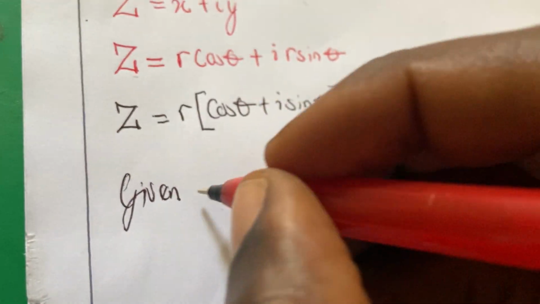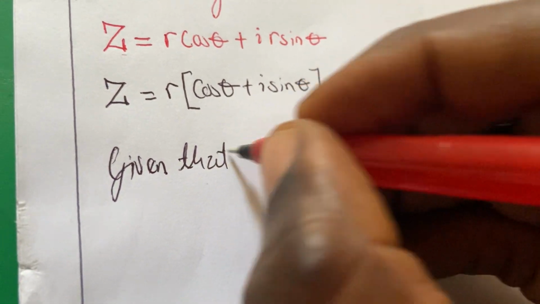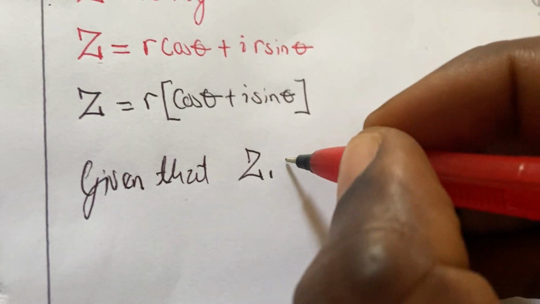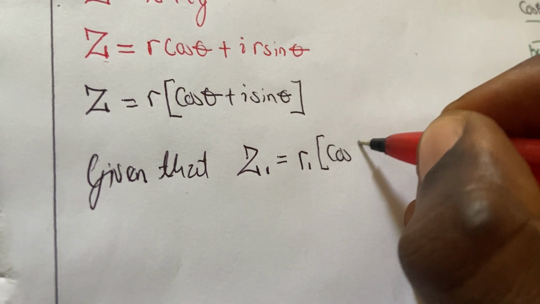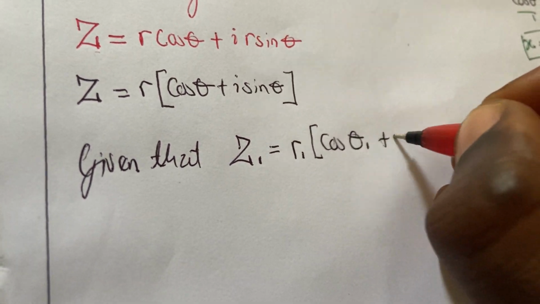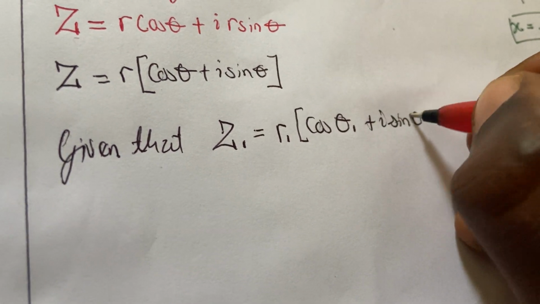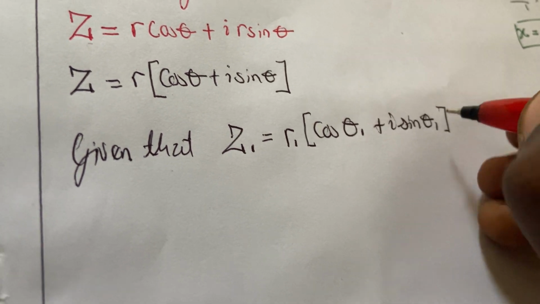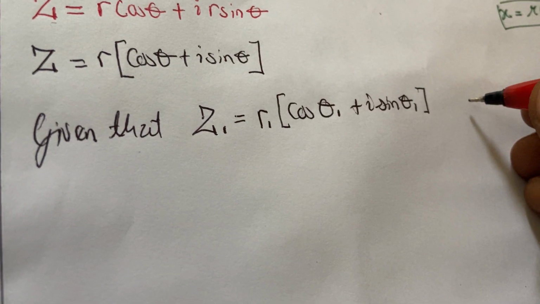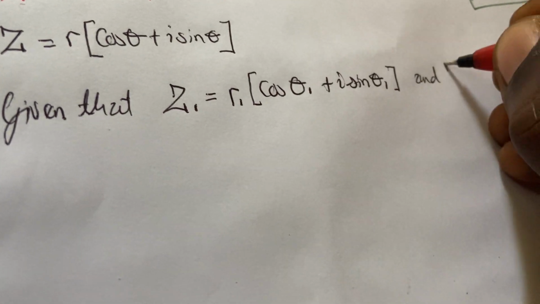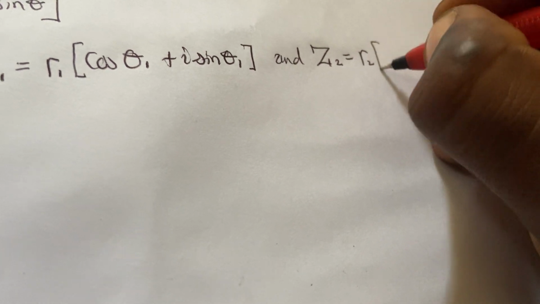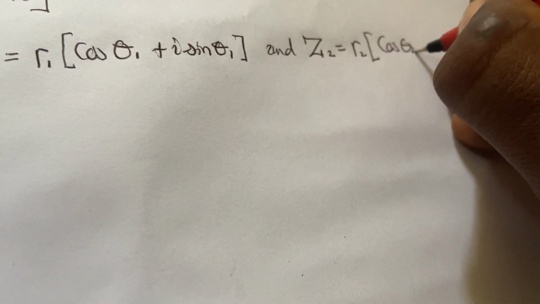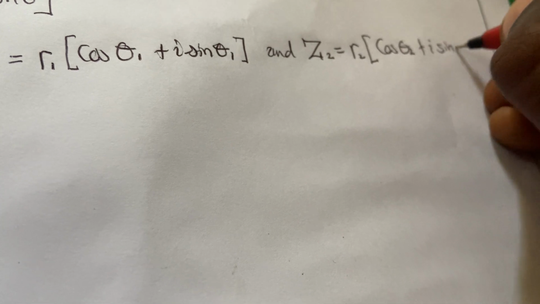Given that z1 equals r1 (cos theta 1 plus i sin theta 1), and z2 equals r2 (cos theta 2 plus i sin theta 2).